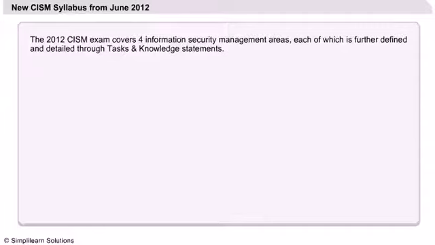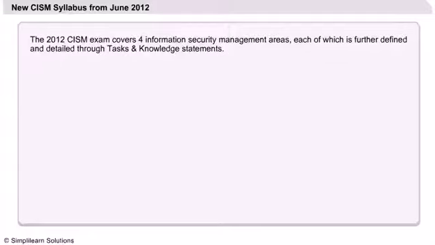This domain focuses on establishing and maintaining an information security governance framework and supporting processes to ensure that the information security strategy is aligned with organizational goals and objectives, information risk is managed appropriately, and program resources are managed responsibly.